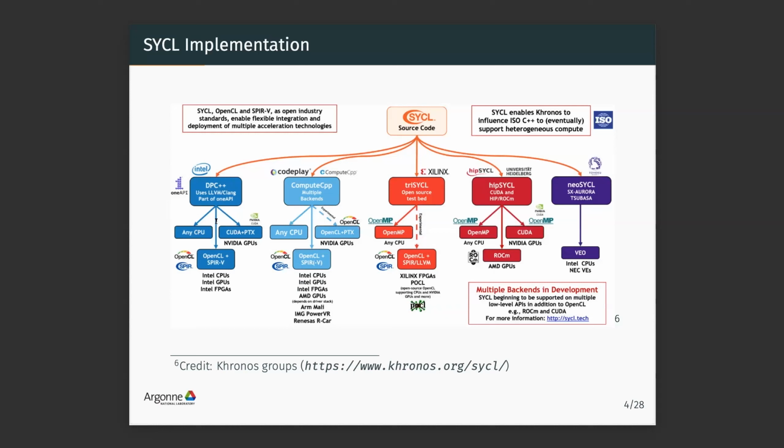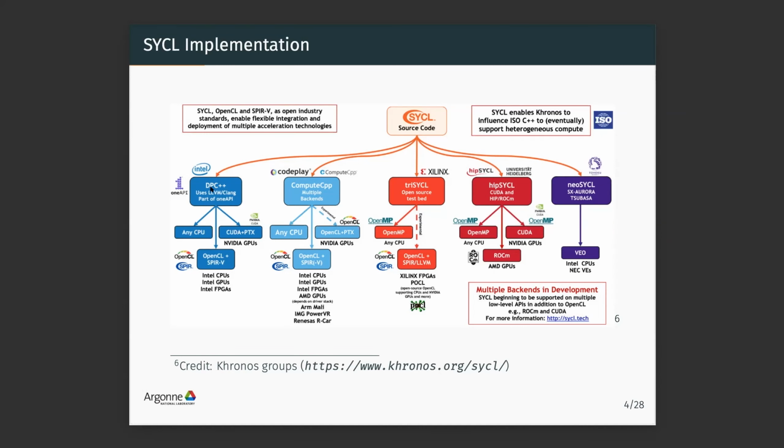I think it's important to talk a little bit about where SYCL can run. And I think the answer is it can run everywhere. Here is a tree you can find on the SYCL website, showing all the different implementations of SYCL. Some of them are compilers, like I said, for example for Intel. It is open source. You can go on the Intel GitHub and you will find the Data Parallel C++ compiler, based on LLVM.